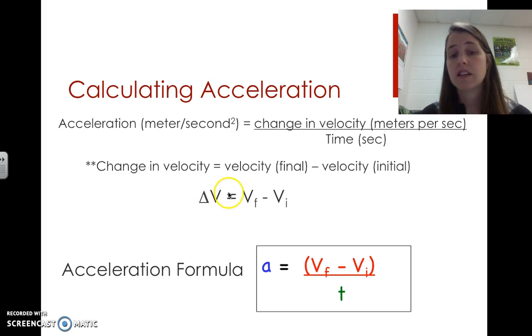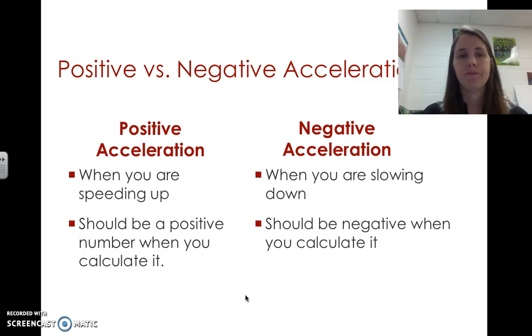So change in velocity equals the final velocity minus the initial velocity. The F is for final, the I for initial. So the actual acceleration formula is a equals Vf minus Vi, that's the final velocity minus the initial velocity, over the time it took for that to happen.